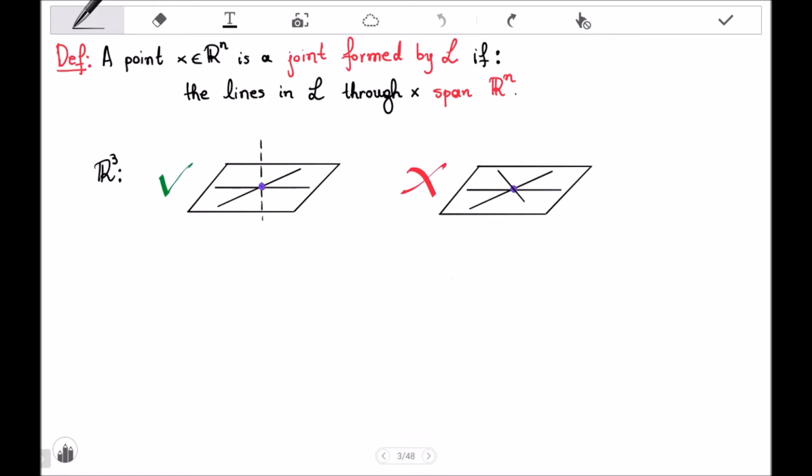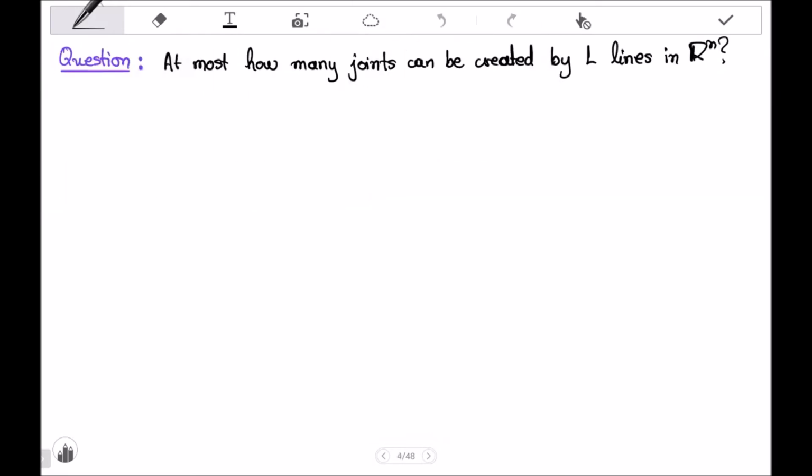And this is the joints problem. It says how many joints can be formed by L lines. We are given L lines inside R^n. No information about where they live exactly, about their structure, just their number. It's L of them. How many joints are created by them?